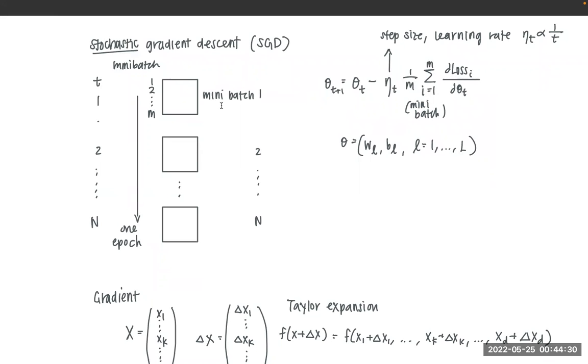And for each training example, we have a loss function. And for this loss function, we use the chain rule and backpropagation to compute the derivative of the loss function with respect to theta, including all the parameters, evaluated at the current theta.